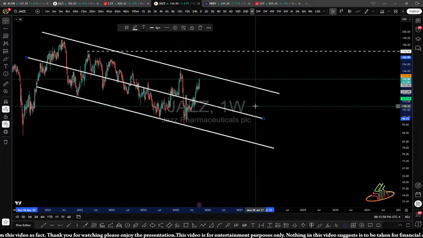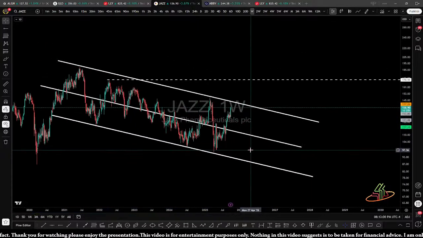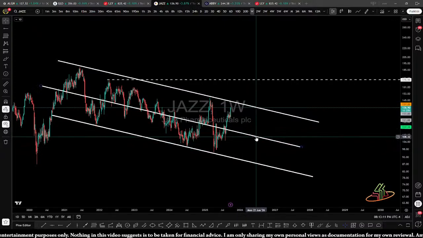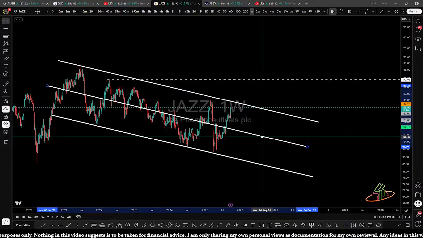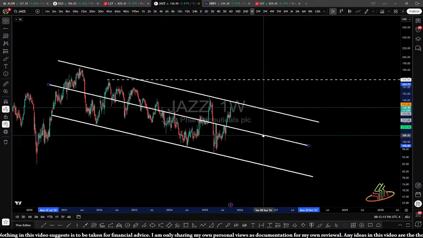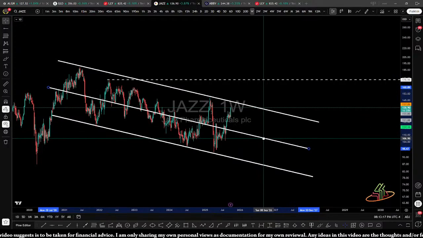So I always try to keep in mind that I'm drawing these lines within a certain limit, a certain area that I'm working in, so that it's not noise, right? So we get this 50% here.